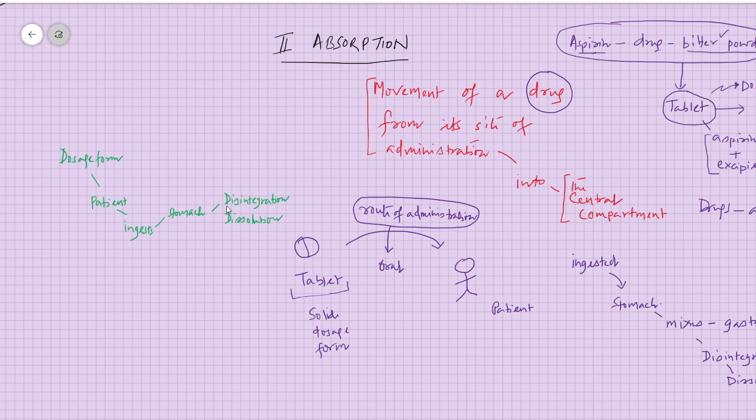First it undergoes disintegration, then dissolution, then it gets absorbed. What do we mean by absorbed? It crosses the intestinal membrane and gets into the blood. So it is absorbed and reaches the central compartment. The free drug reaches the central compartment, and the central compartment here is blood.